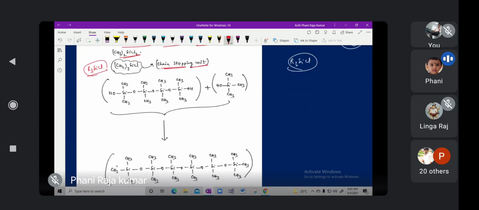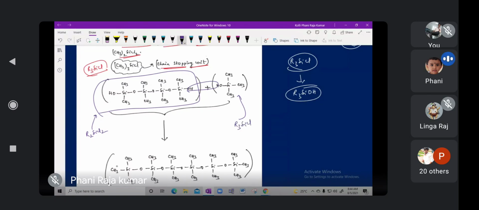One example I mentioned here. This R3SiCl first forms R3SiOH, and elimination of water takes place between these two. This is the unit formed from R2SiCl2, and this is the unit obtained from R3SiCl.